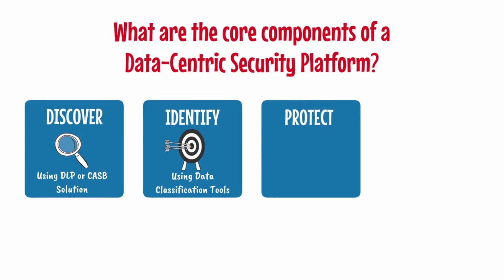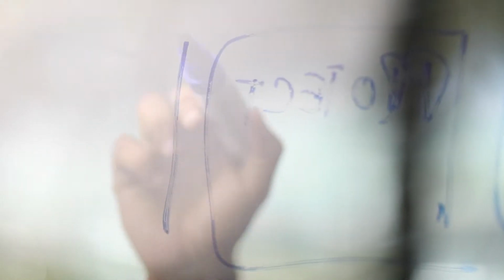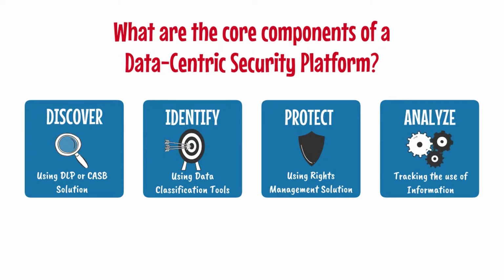Protect, securing the information with persistent granular usage control using a rights management solution. And last but not the least is analyze. Tracking the use of information down to who is doing what with the information, from which location and when.